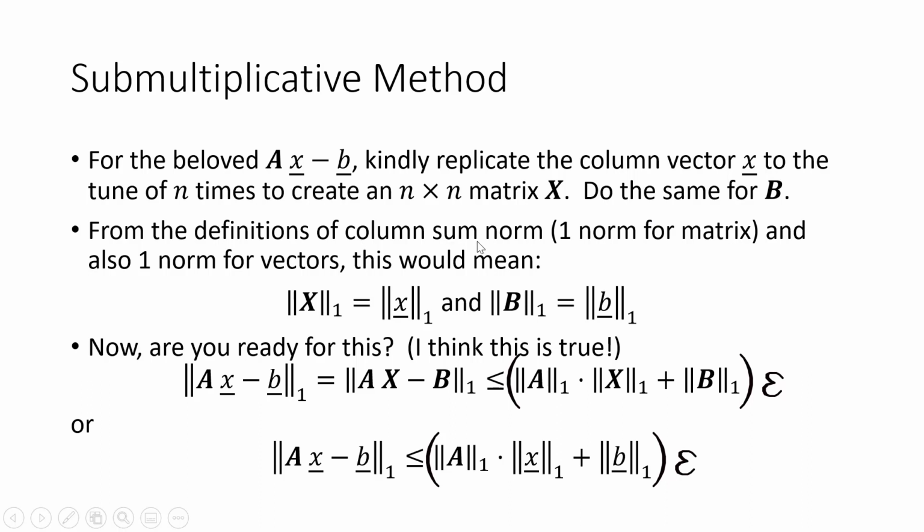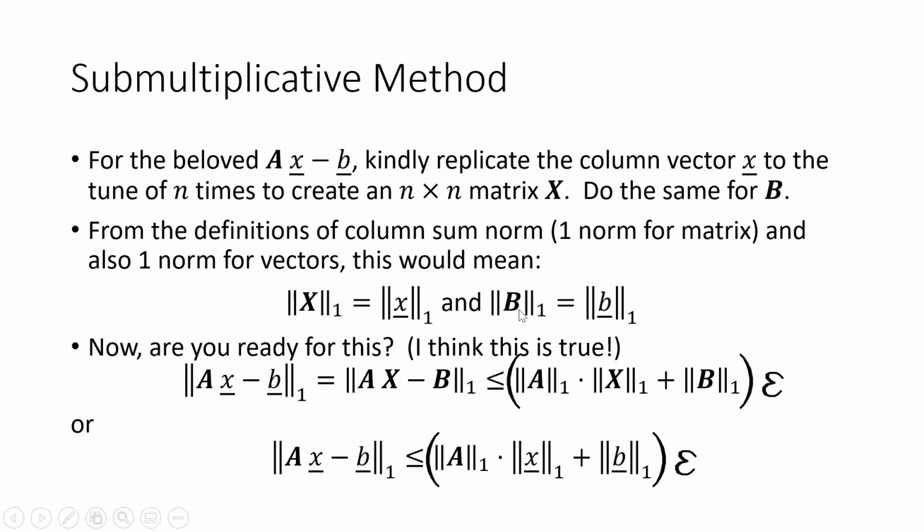And from the definitions of the max column sum norm, that's the 1 norm for the matrix, and also the definition of the 1 norm for vectors, you will see that the 1 norm of matrix X is equal to the 1 norm for the vector x.